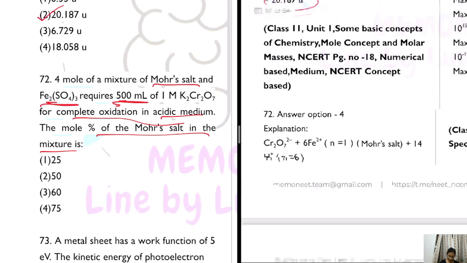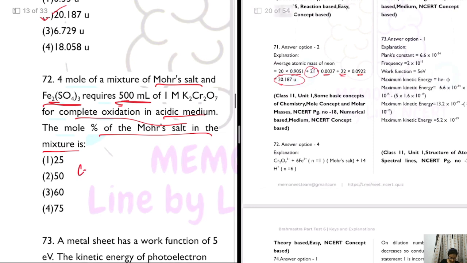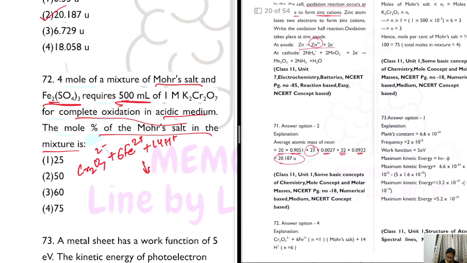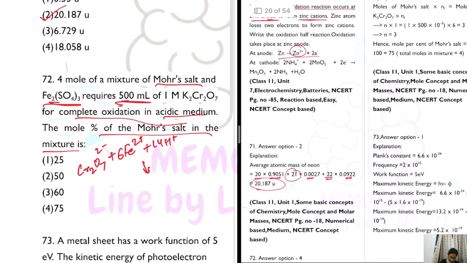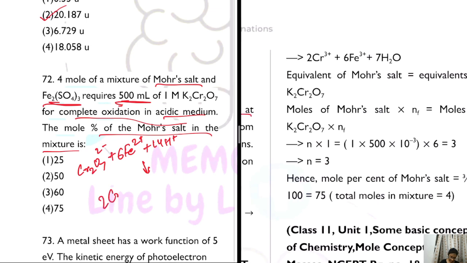What is the chemical reaction? Cr2O7 2 minus plus 6 Fe2 plus plus 14H plus to give, see, it's already written here, 2 Cr3 plus plus 6 Fe3 plus. You know how to balance the equation, right?